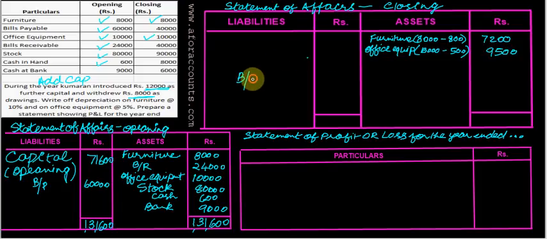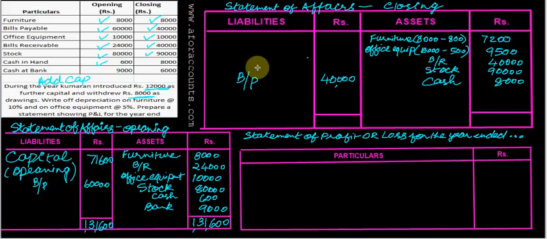Now bills payable are my liability, 40,000. Bills receivable also 40,000. Stock 90,000. Cash in hand 8,000. And cash at bank is 6,000.